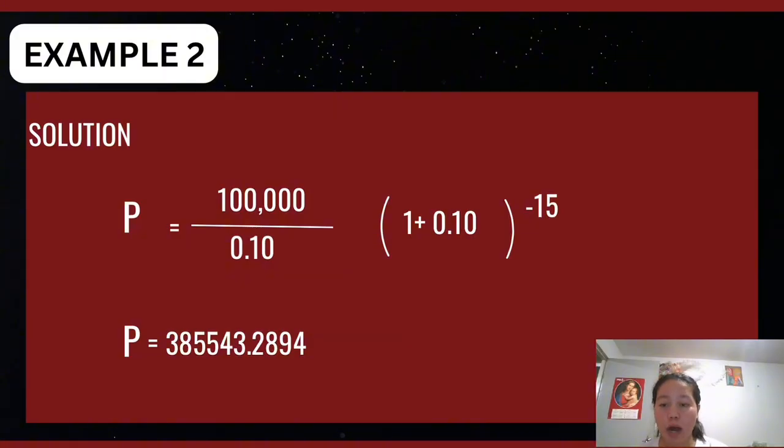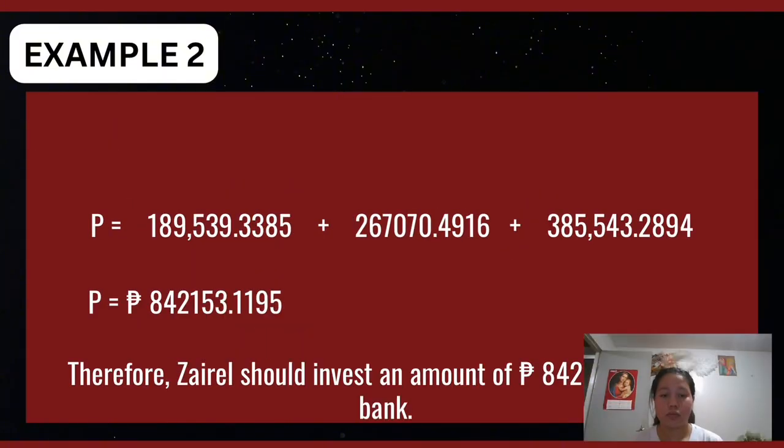After this, we're going to add all the results from the parts, A sub 1, A sub 2, and A sub 3. For A sub 1, we have 189,539 pesos and 34 cents.